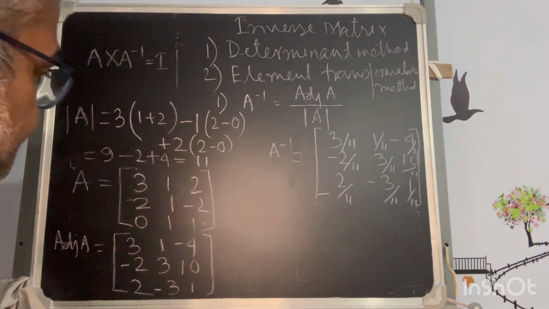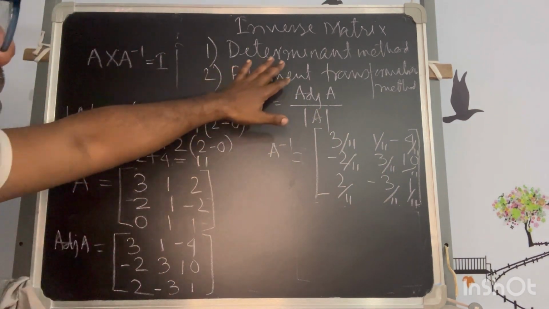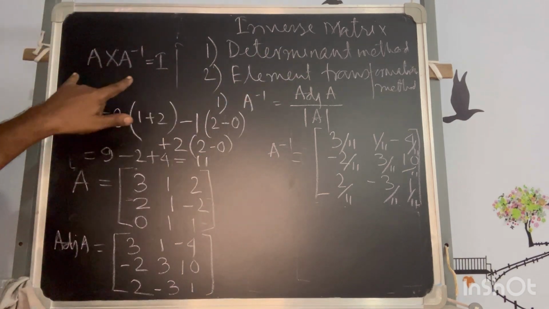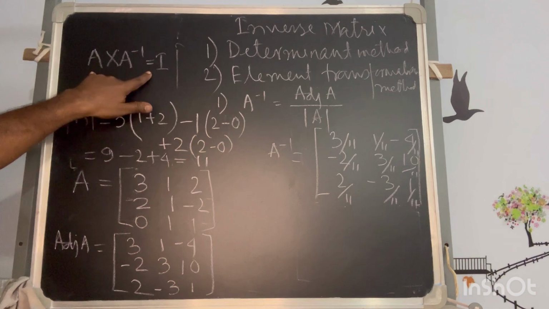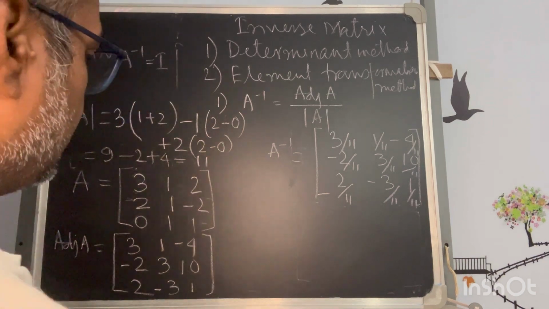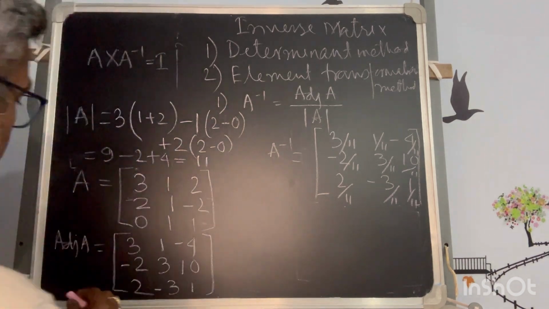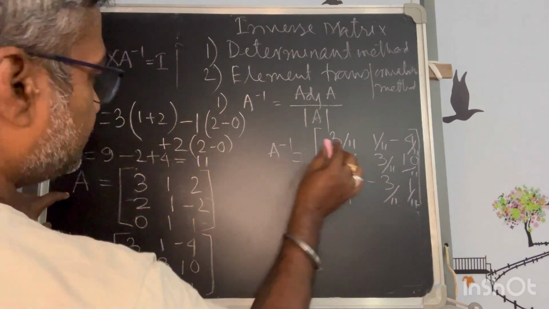the A inverse. Another method is the elementary method, but prior to that I would like to prove this part. This part is very much needed. Okay, so to do that I need this and this in the picture.